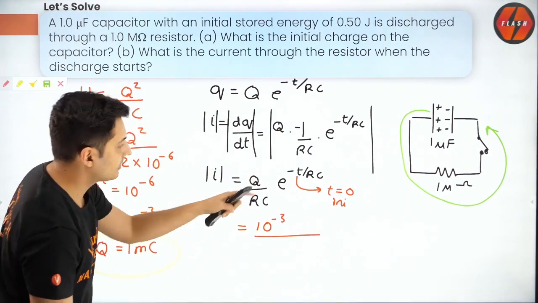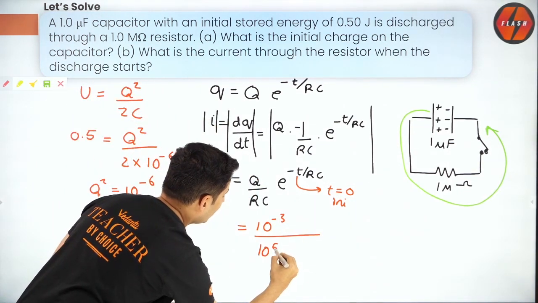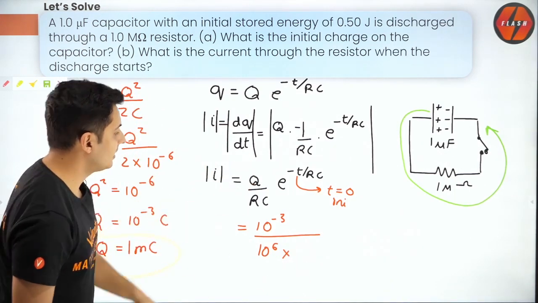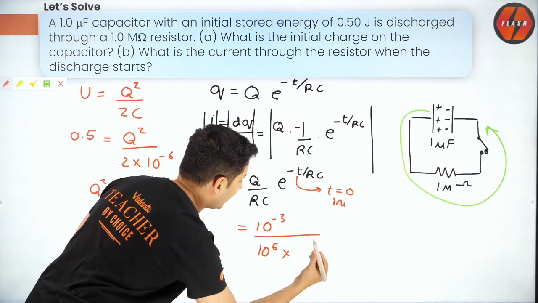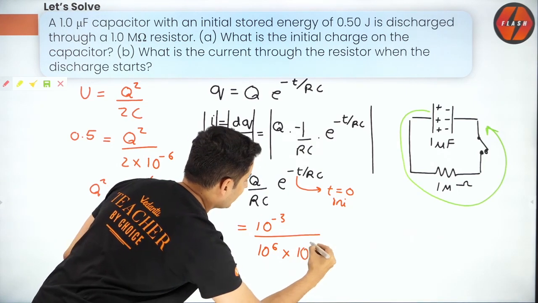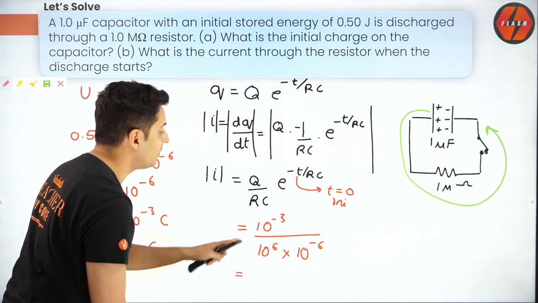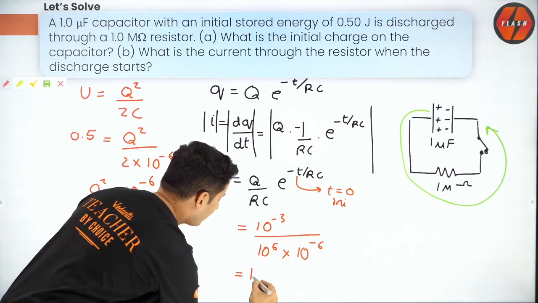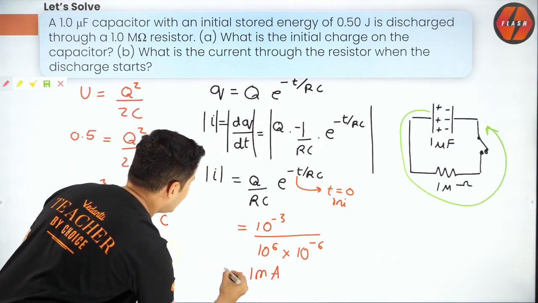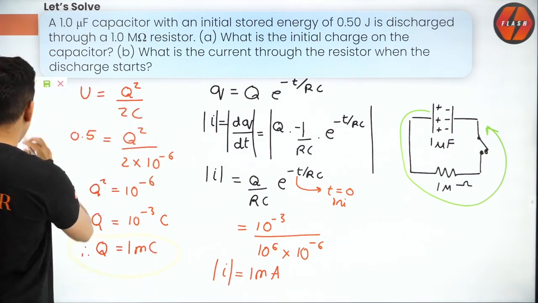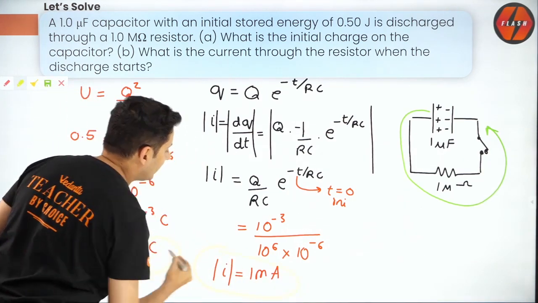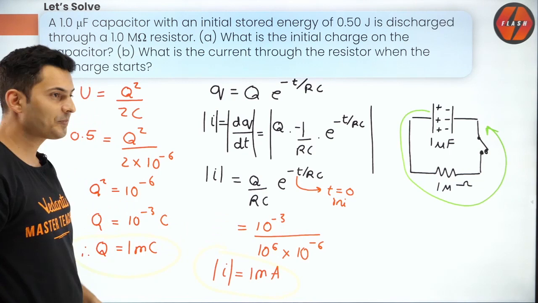The resistance is 1 mega ohm, that means 10 to the power 6. And the capacitance is nothing but 1 microfarad, that means 10 to the power minus 6. These two go, and the current will come out to be 10 to the power minus 3 amperes, which is as good as 1 milliampere. So that's the magnitude of the current that will be flowing initially.